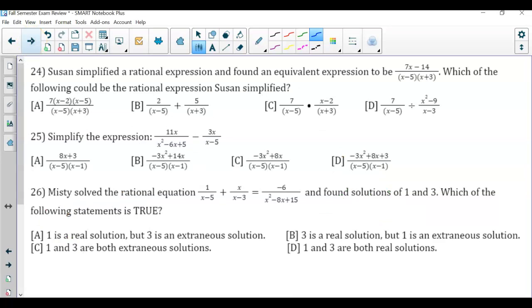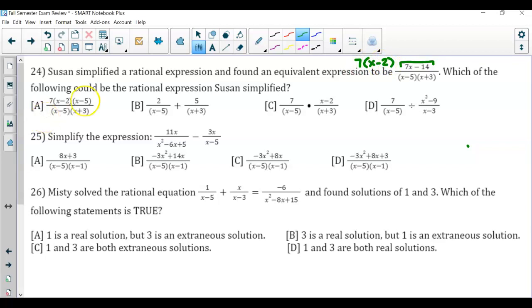Then question 24. Susan simplified and got this as the answer. So which of these problems could that be? So first off, I'm going to notice that I need to make sure that in my numerator, I basically have a GCF of 7. So I have 7 times x minus 2. So keep that in mind that I'm looking for this in my numerator.